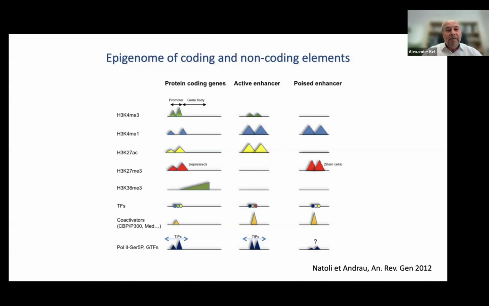People found that these methylations or acetylations of different positions of the nucleosome components, the histones, correlate with different types of open chromatin. For instance, if you observe trimethylation of histone 3 in this position, then you see this signal around the promoter, and a little bit of that signal around enhancer regions.